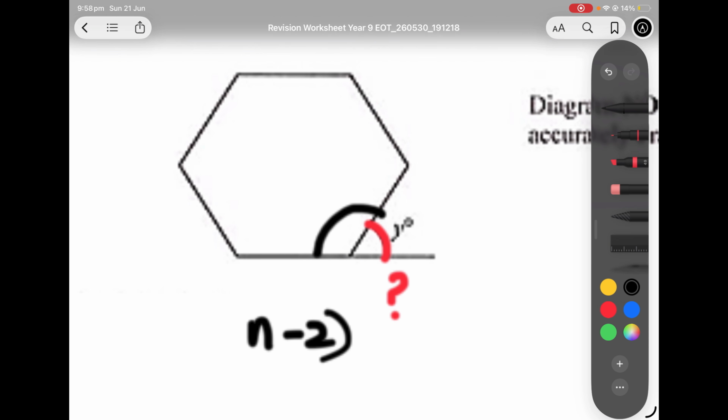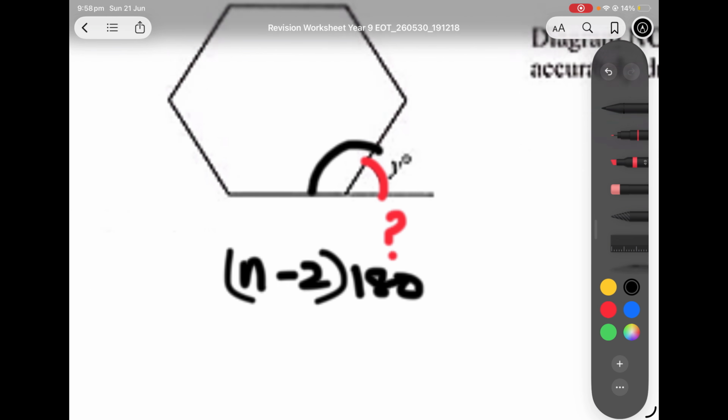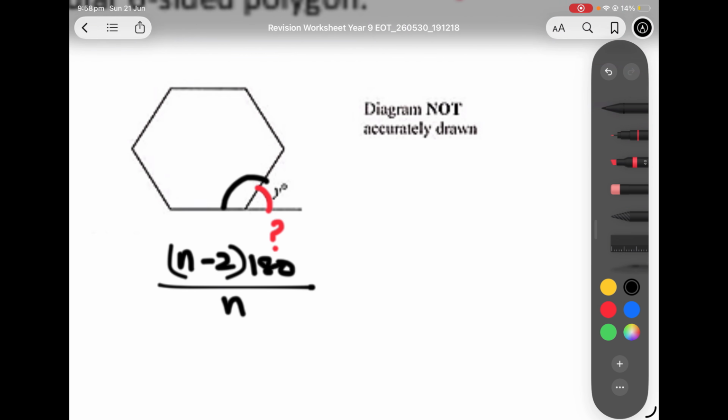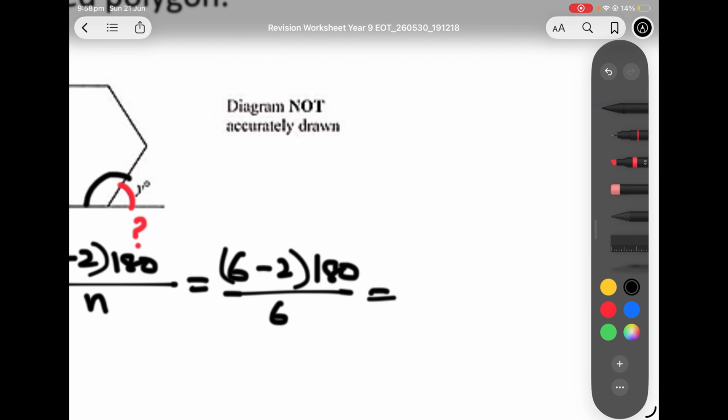N minus 2 times 180, because I want one angle only, divided by n. That becomes 6 minus 2 times 180 divided by 6, which is 4 times 180 upon 6.